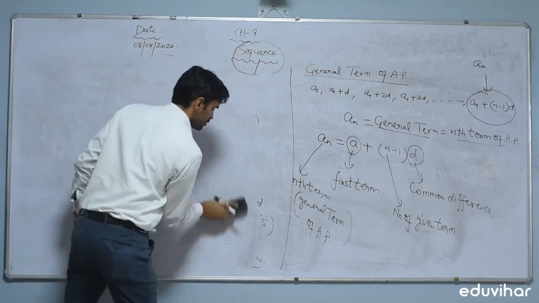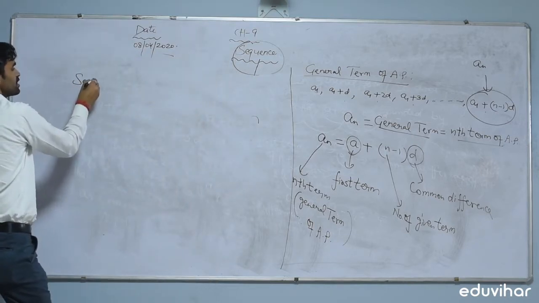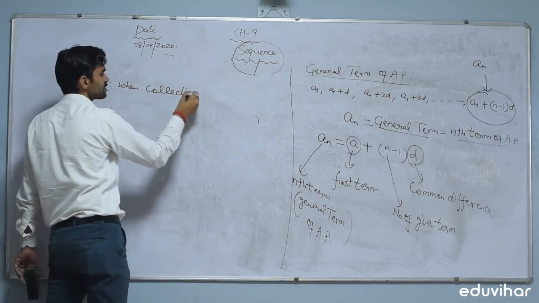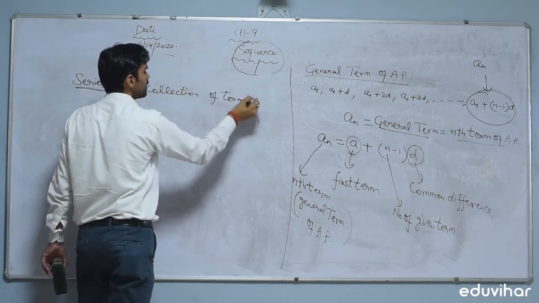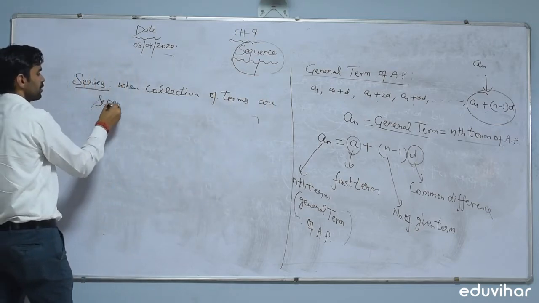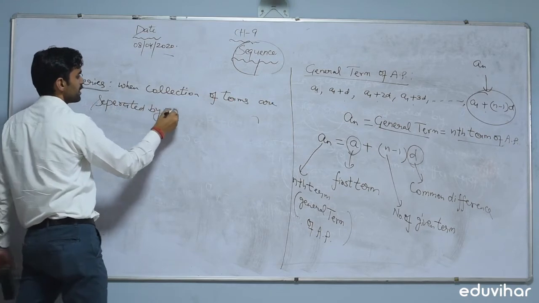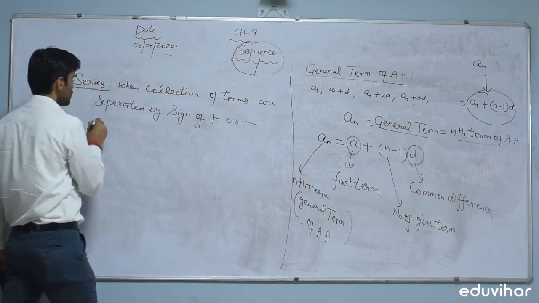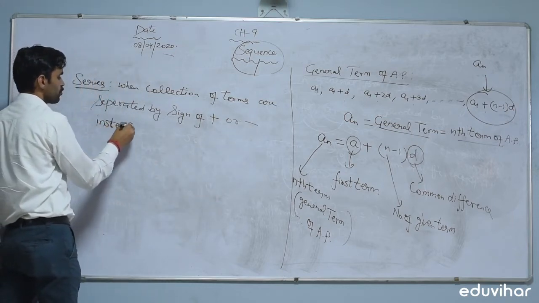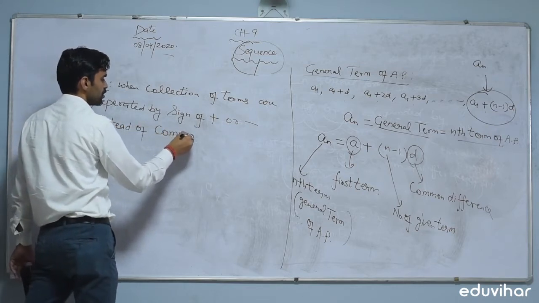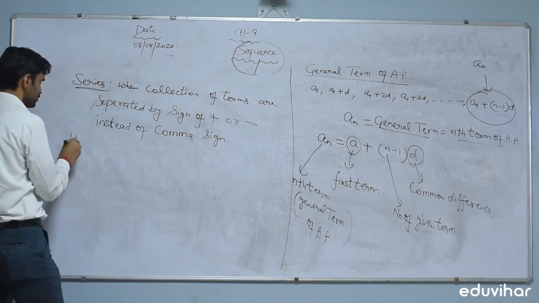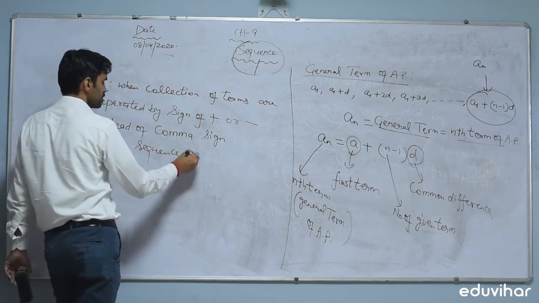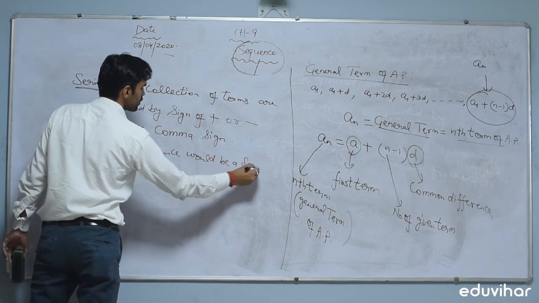Next, series. When a collection of terms is separated by a plus or minus sign instead of a comma, then the given sequence would be a series.